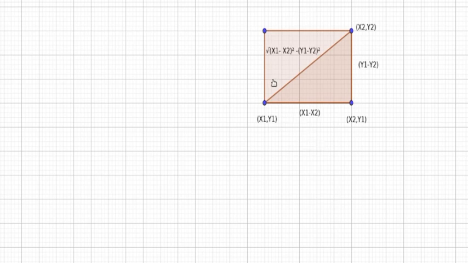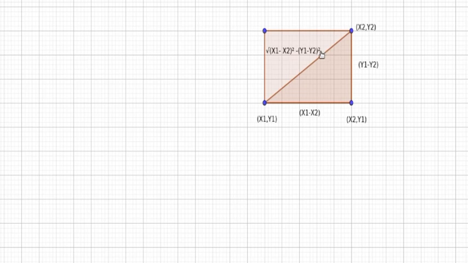That is, the hypotenuse of this right triangle is root of (x1 minus x2) the whole square plus (y1 minus y2) the whole square. That is, the distance between any 2 points (x1, y1) and (x2, y2) in a plane is the square root of (x1 minus x2) the whole square plus (y1 minus y2) the whole square.